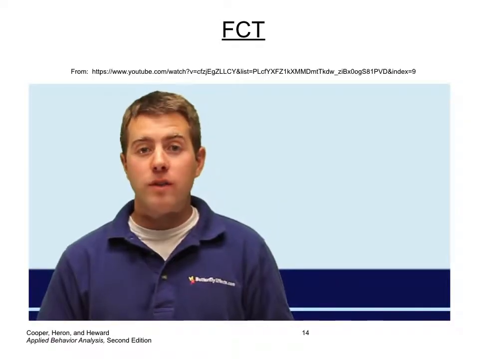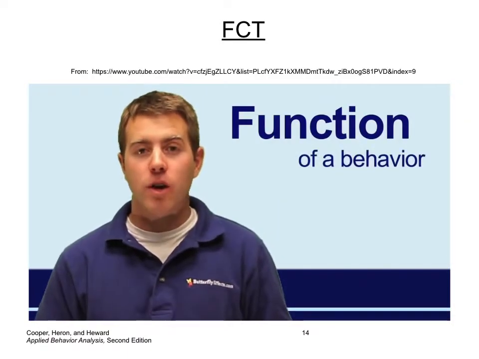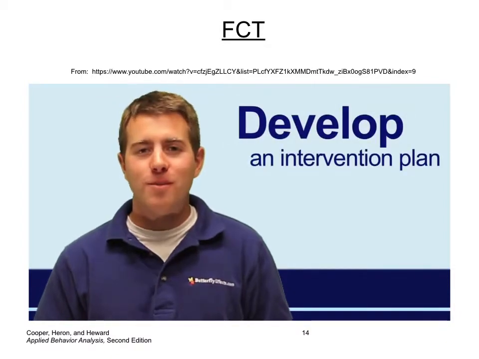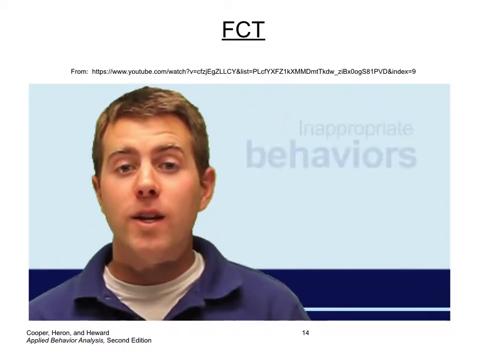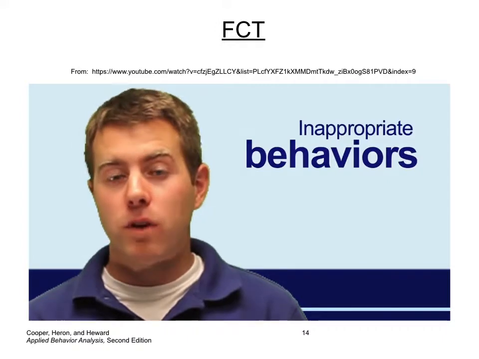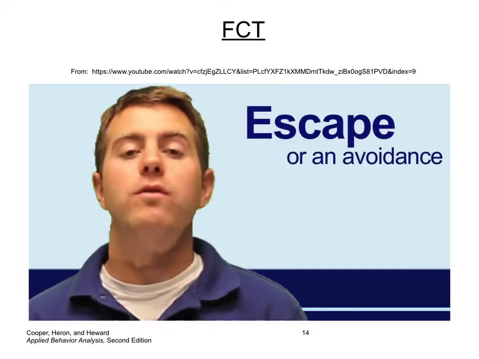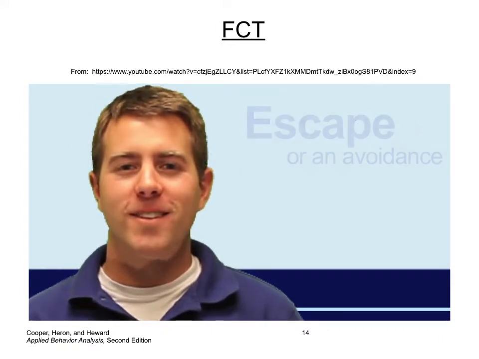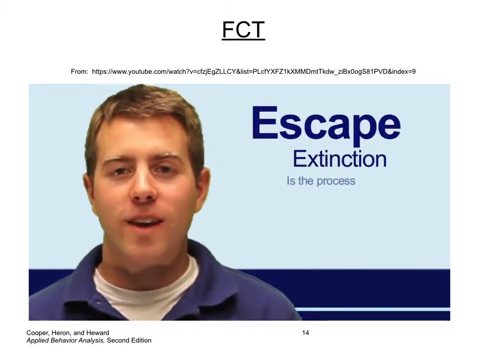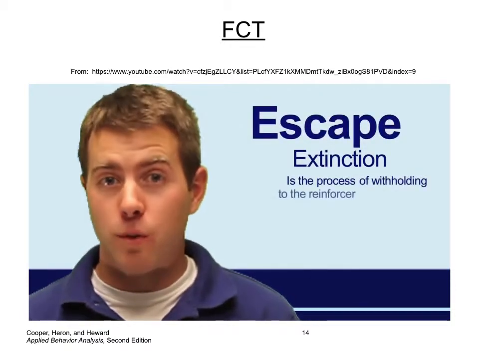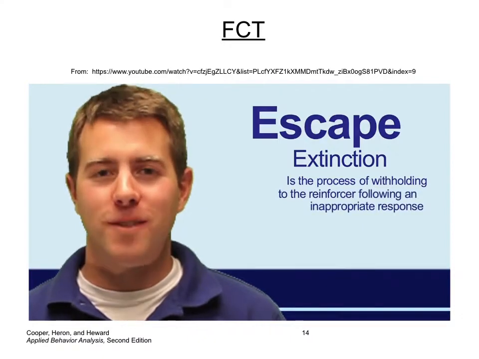It's always important to assess the function of a behavior so that we can develop an intervention plan that makes sense. Many inappropriate behaviors may serve the function of an escape or an avoidance to a work demand. Escape extinction is the process of withholding access to the reinforcer following an inappropriate response.